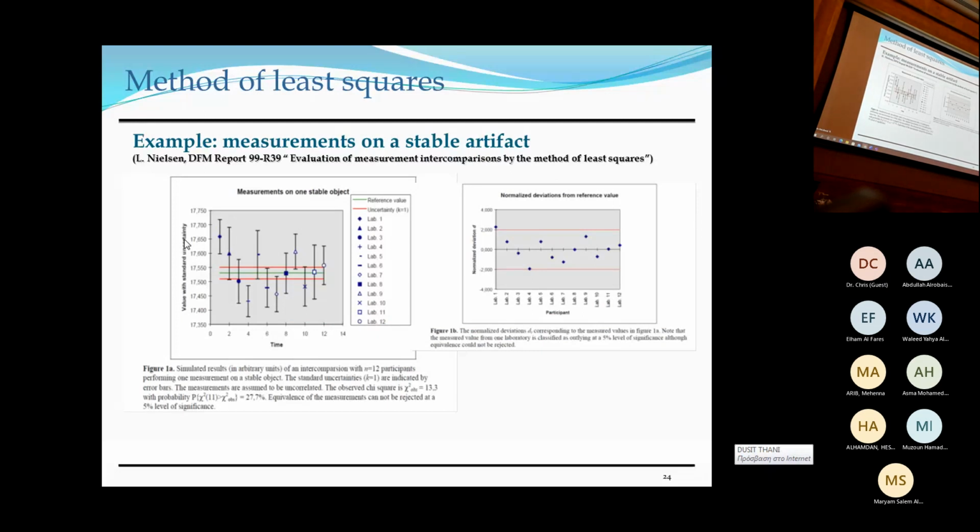But just to give you an indication, this is information obtained from this paper. Here we have the results of an ILC. I think it's in mass, I'm not sure.